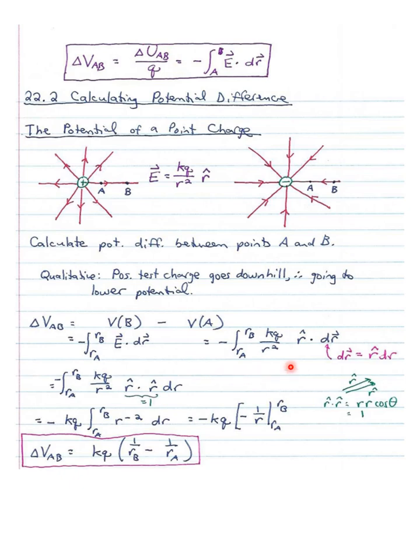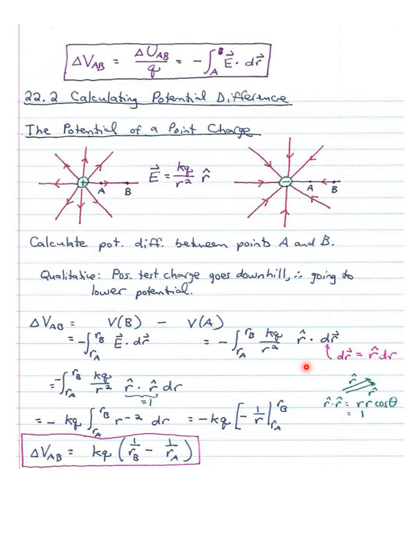And so it is kq over r squared r hat dotted with dr. Now that dr vector, you can think of as r hat, because it's in that direction, times dr. Think of r hat as the unit vector pointing in that direction, and dr as being the magnitude of it.